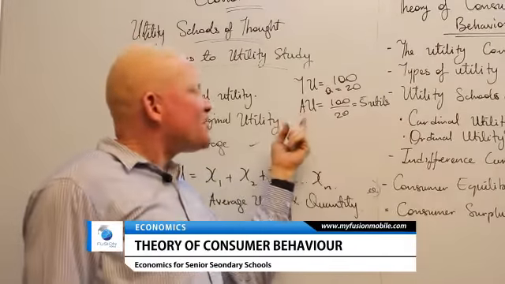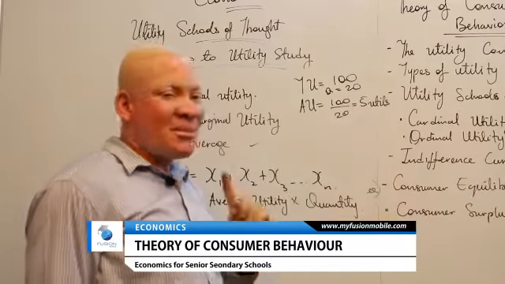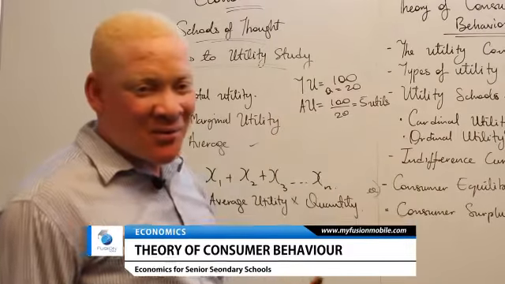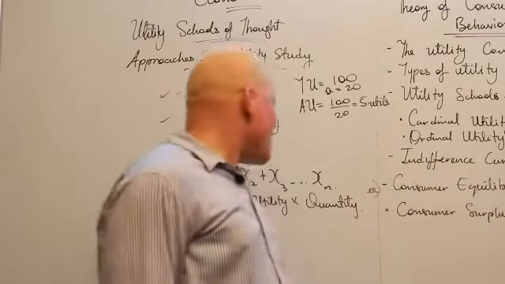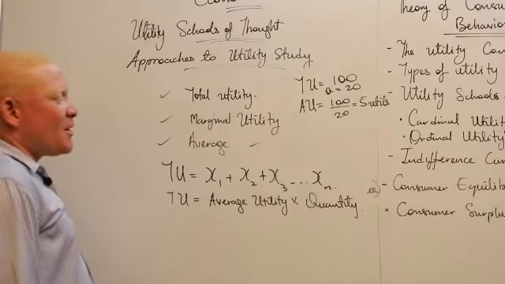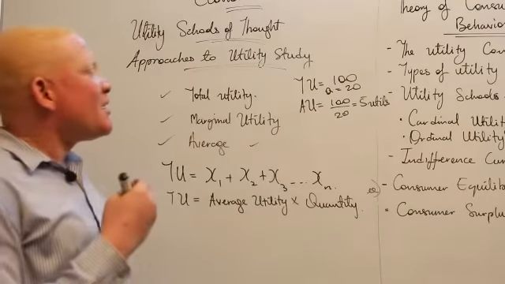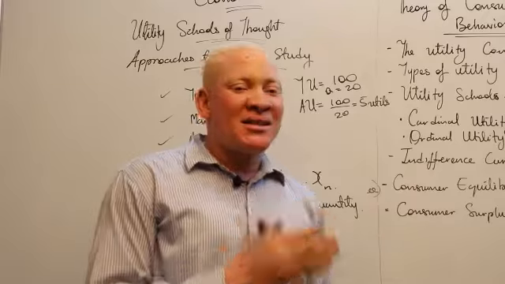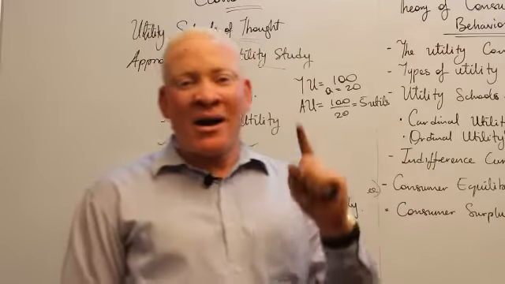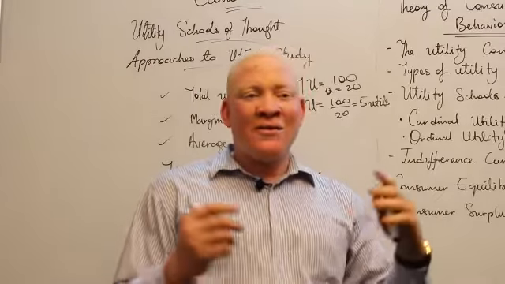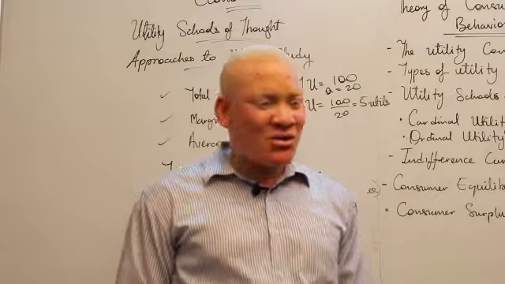So average utility is 5 utils per what? Per unit of commodity consumed. That is about average utility, meaning the util or the satisfaction derived per unit of a given quantity consumed.